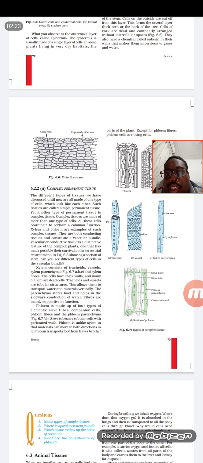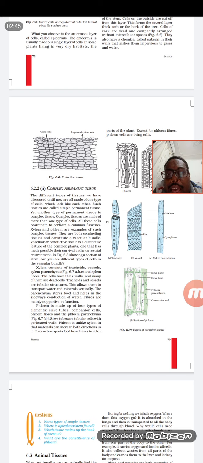And if you see these cells, they are very thick and they are dead in nature. That means they will never divide further, and they allow the water to move from the bottom to the upper part of the plant.